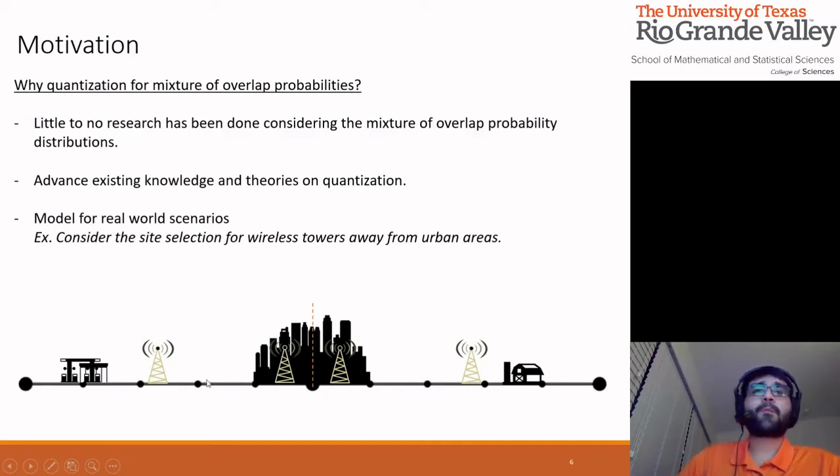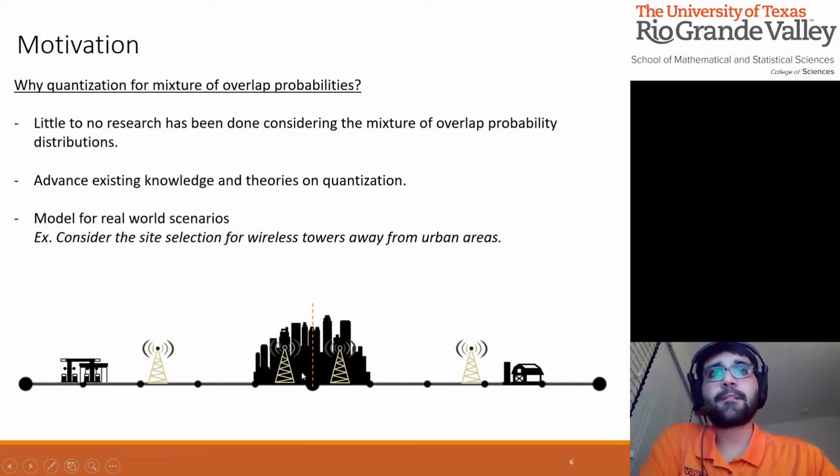So we know that if we place these towers closer to the city, well, that's more beneficial to the users. It's more important to have them placed closer to the city than away from the city in rural areas. So I'm going to explain more about this situation in the next slides.